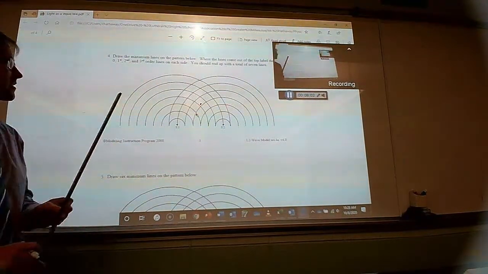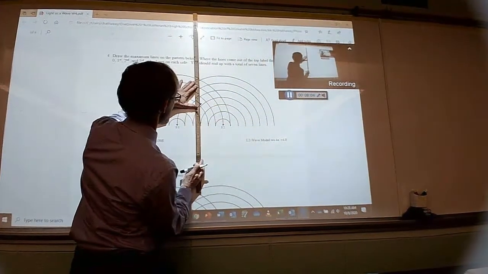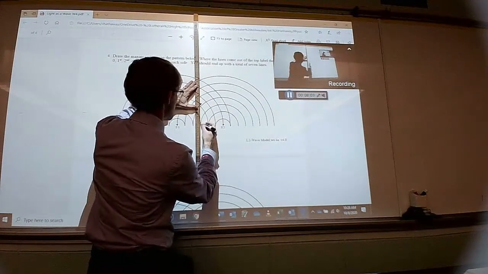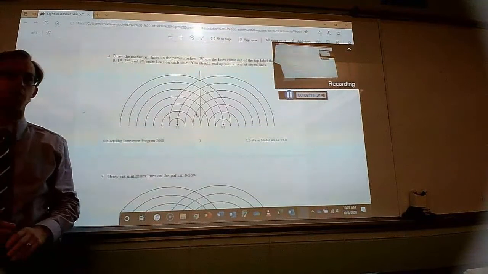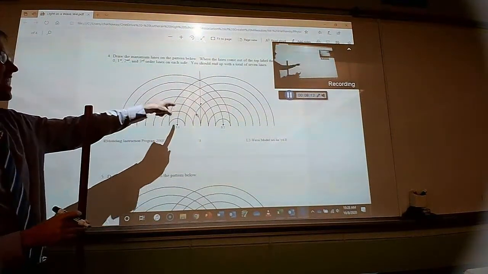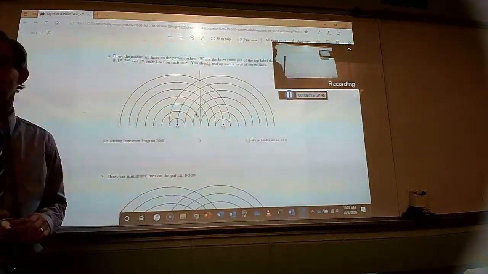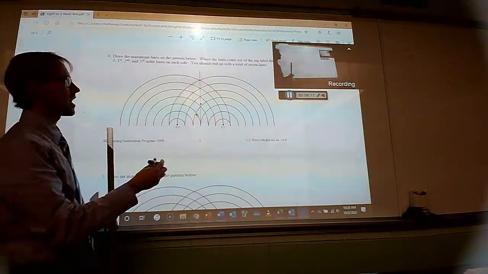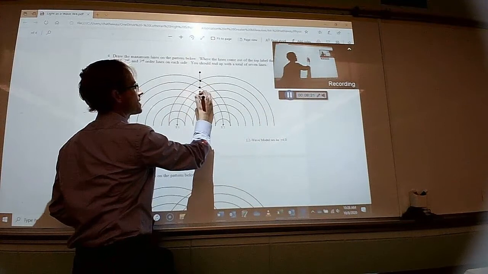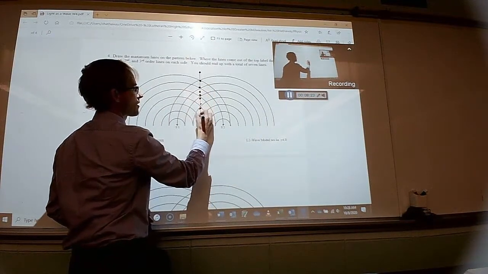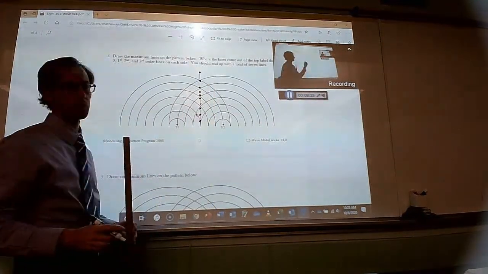Constructive interference. So because this dot lies on a maximum line, it would also be considered constructive interference. Even if it's not exactly on 2 crests or exactly 2 troughs, any dot along this line is going to be considered constructive interference. That's something that you'll need to know.